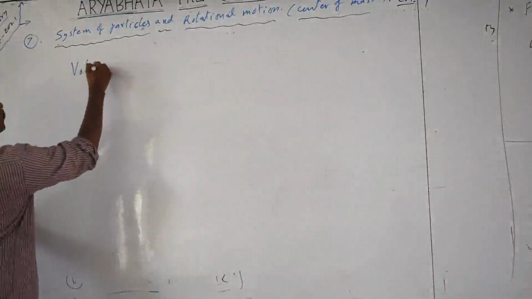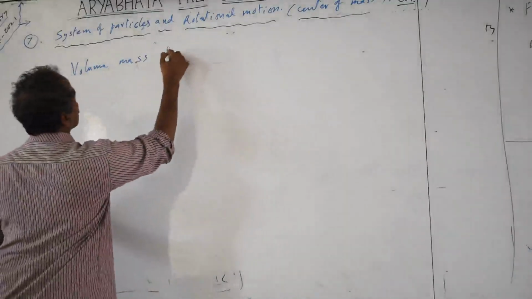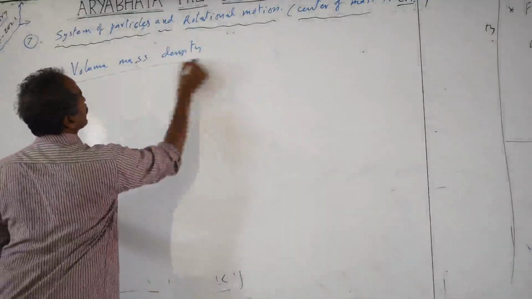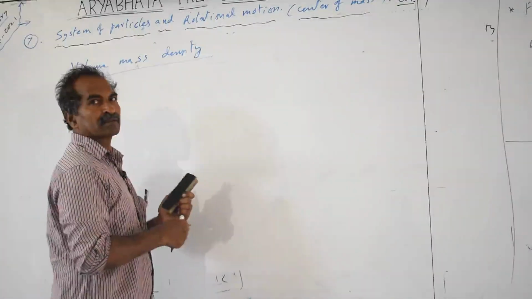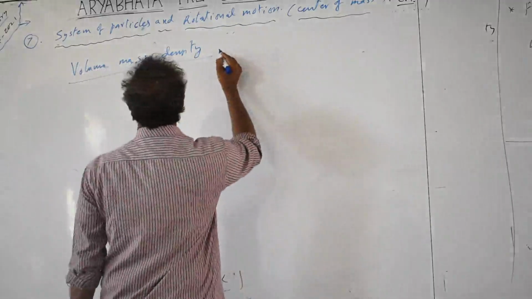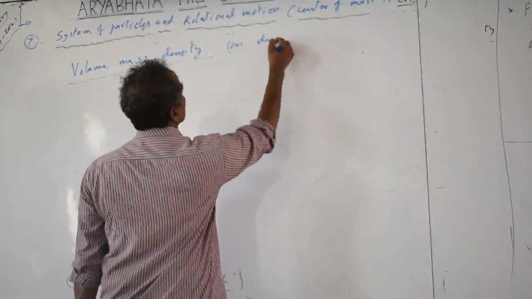Next is volume mass density, or simply called a density. We generally call it as a density.